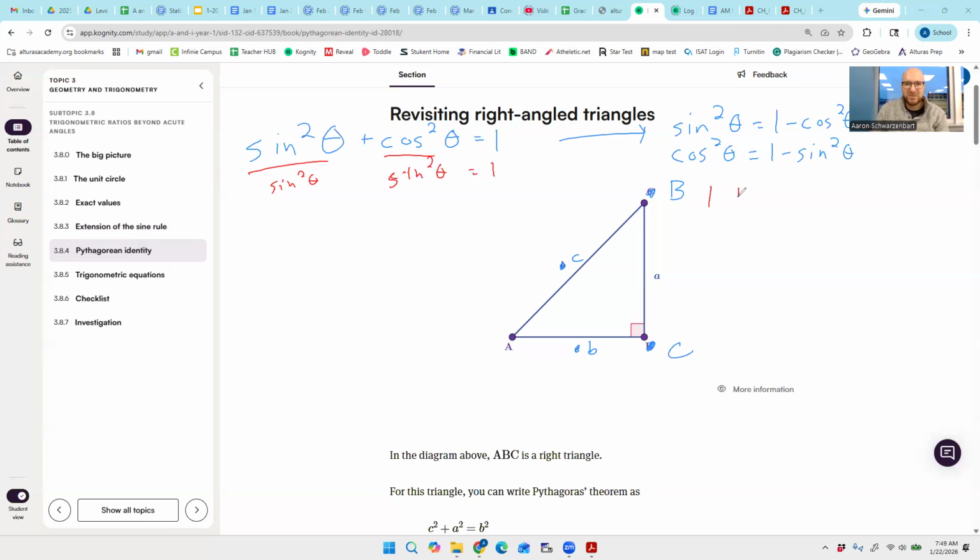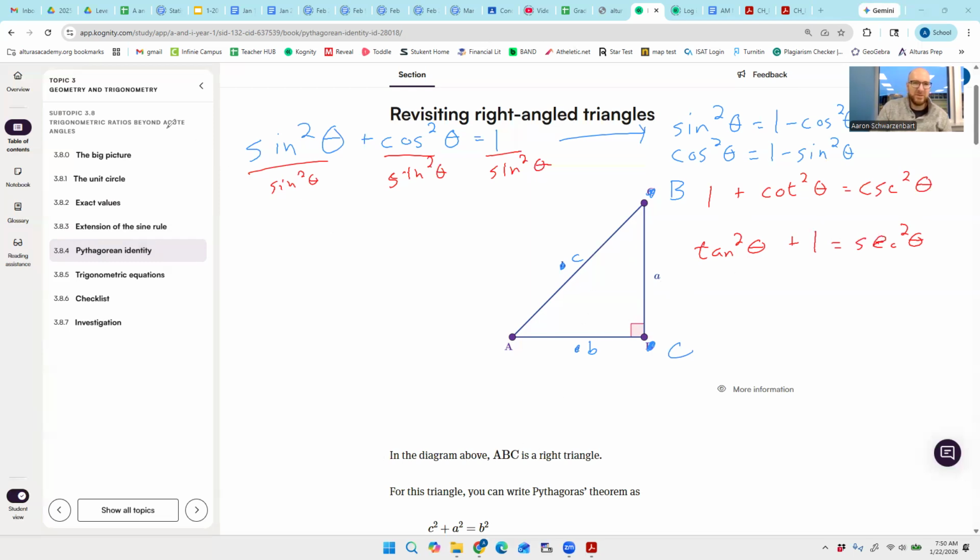Which is 1 plus cotangent squared theta equals, oops, that's not 1. I don't know why I wrote that like that. Dividing everything by sine squared theta, which would give me cosecant squared theta. And you can rearrange this like we did the ones above. Or if you divide by cosine squared theta, you get tangent squared theta plus 1 equals secant squared theta. All different versions of the Pythagorean identity.